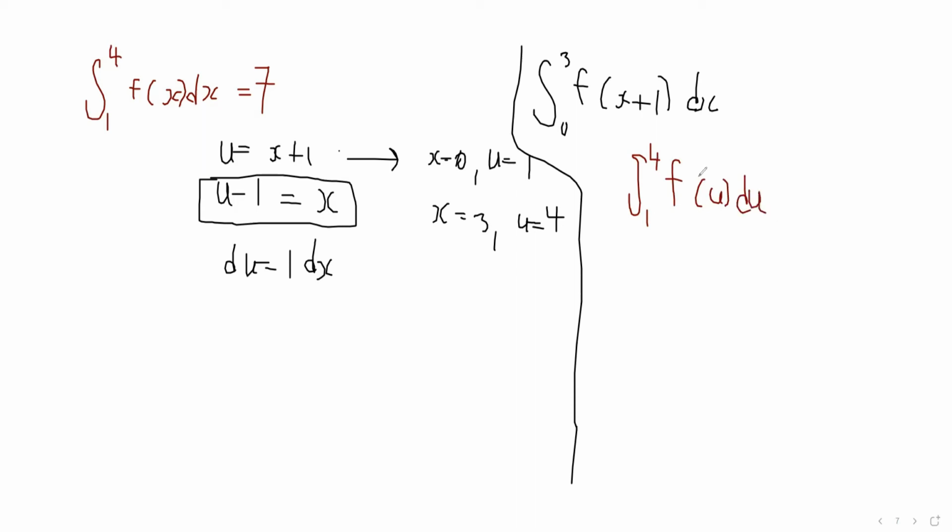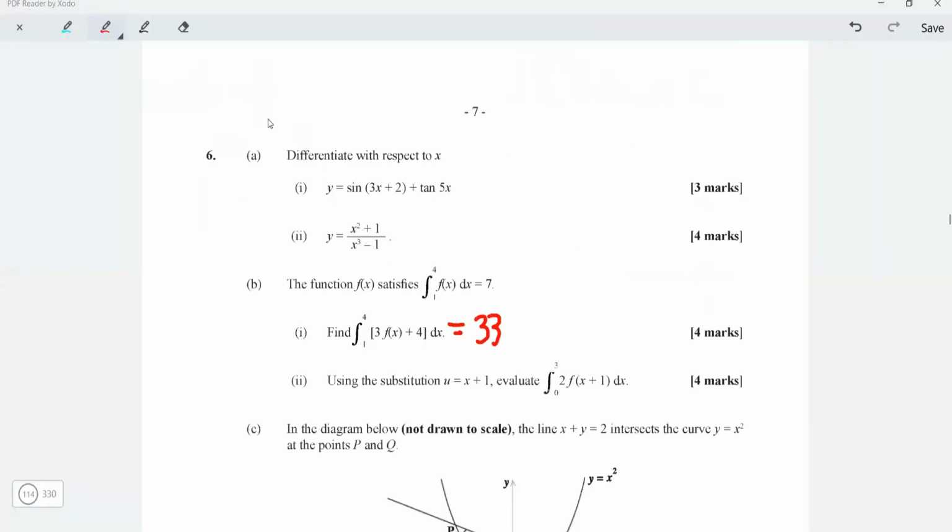But the integral from 1 to 4 of f of u du is just going to be equal to the same 7. That's it. This is just 7. You're not doing anything. They're not asking us to do anything. Not at all.